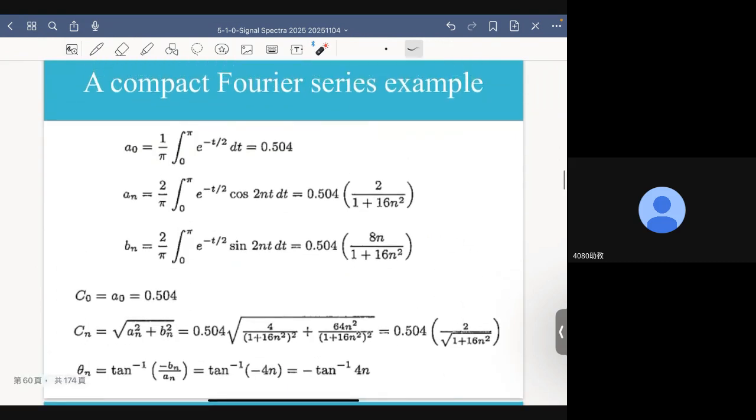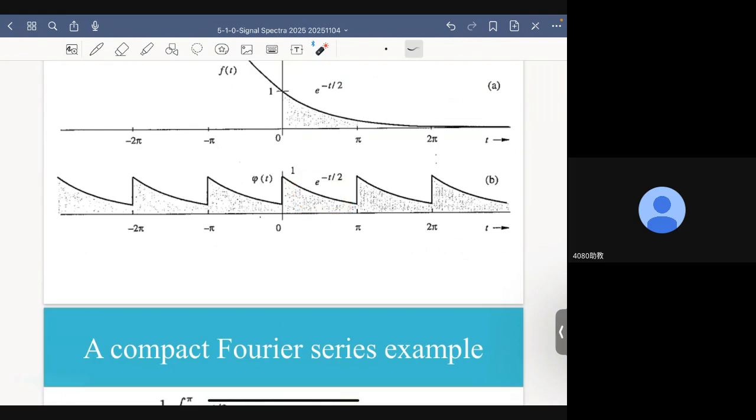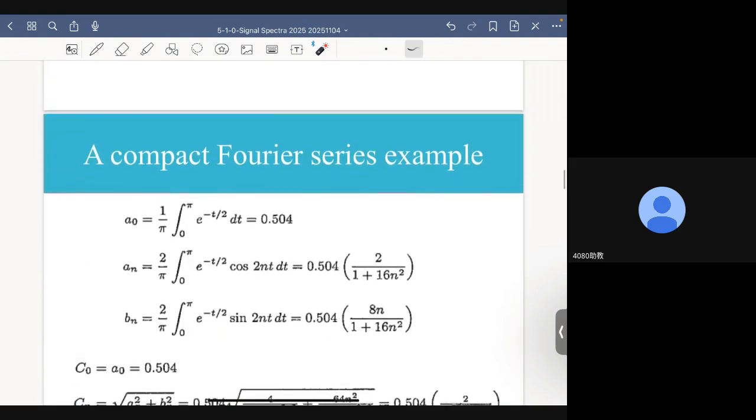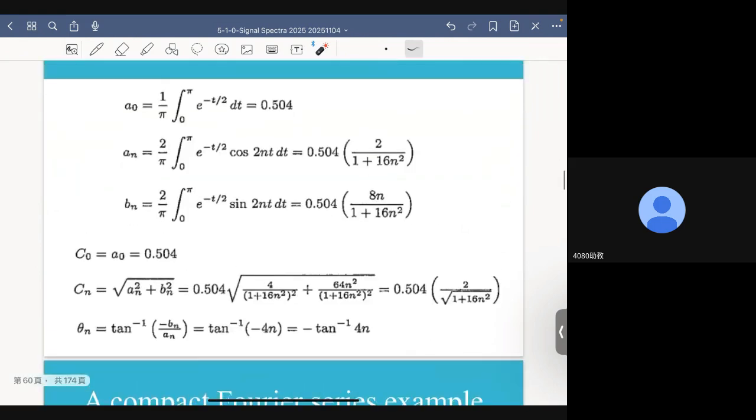And since this is known, I can easily use the formulas that I didn't review today, but we talked about before. I can use formulas for Fourier coefficients to determine An and Bn, and later, with An and Bn given, I can use the formula we just mentioned to determine Cn and theta n, which are the parameters of the compact Fourier series.